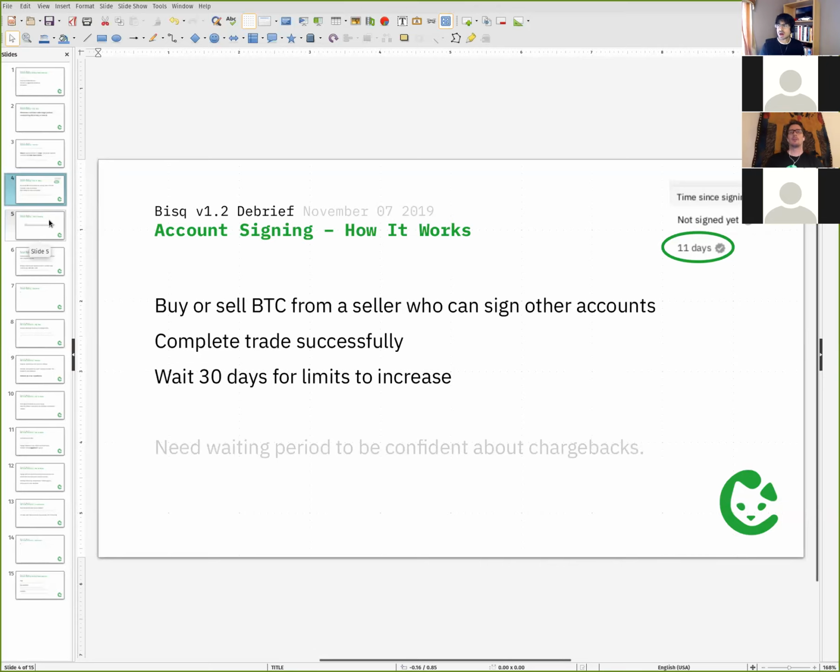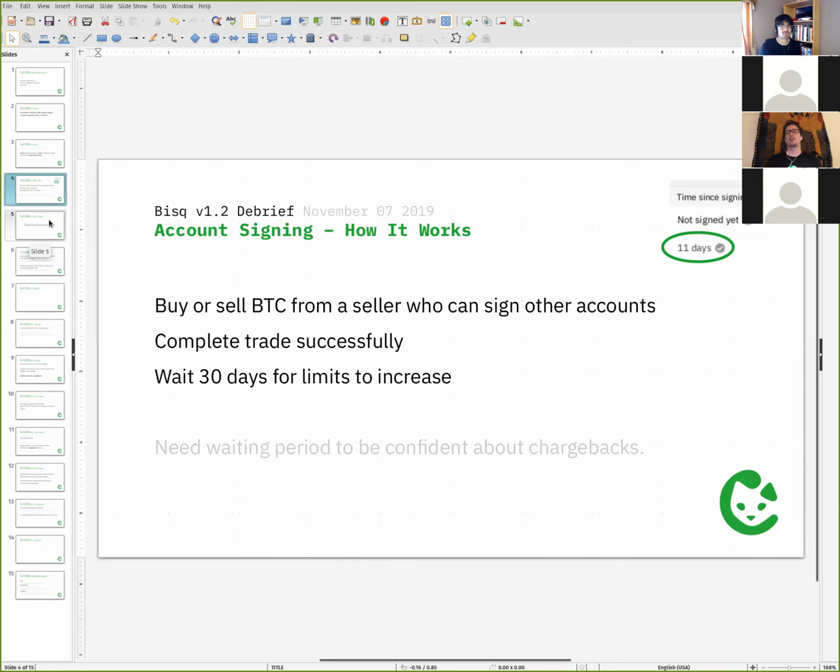Steve, just one thing to mention. Sure. So if you have an account that is able to sign other accounts and you are selling Bitcoin, then it's shown in a pop-up. But if you maybe skip over it, if you're selling Bitcoin and trade with an account that isn't signed, please wait as long as possible, also within the trading period, and before you confirm the payment, just to reduce the risk that a chargeback happens within that time.